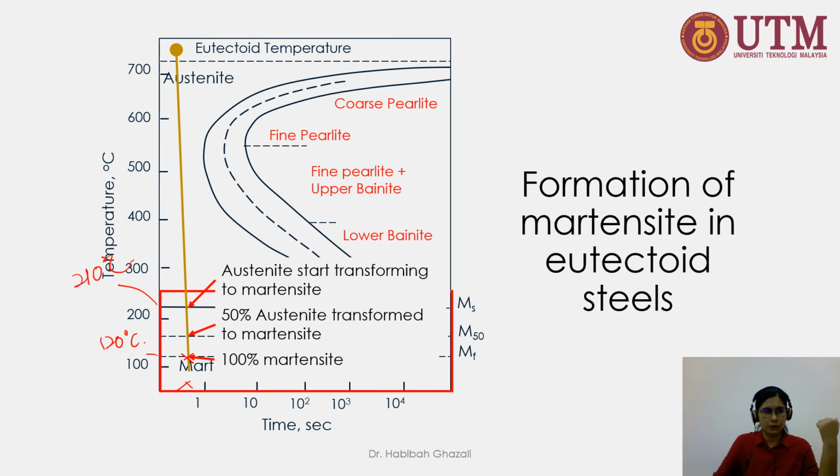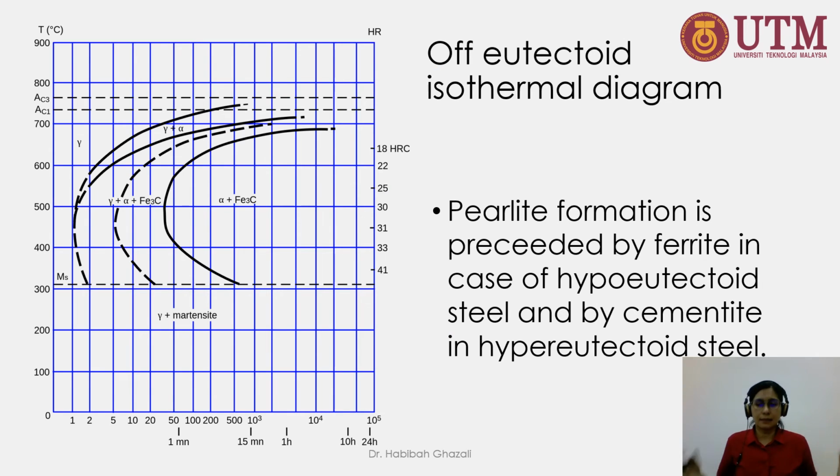This TTT diagram will not look the same for every composition of carbon. The TTT diagram that I've shown you before is only valid for a heat treatment procedure if you have a eutectoid steel, a steel that consists of about 0.8 weight percent of carbon.